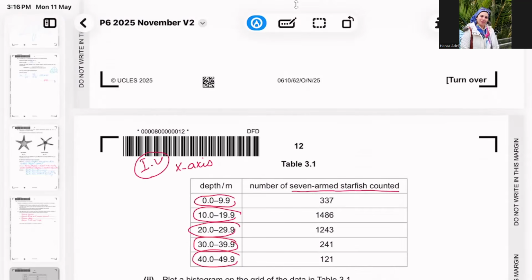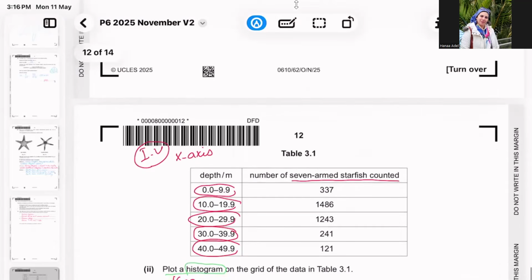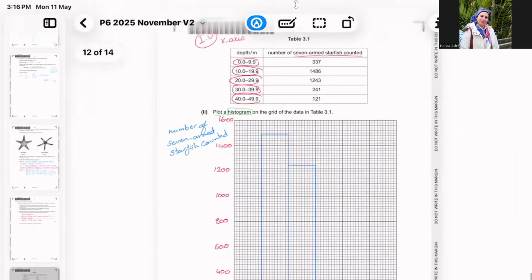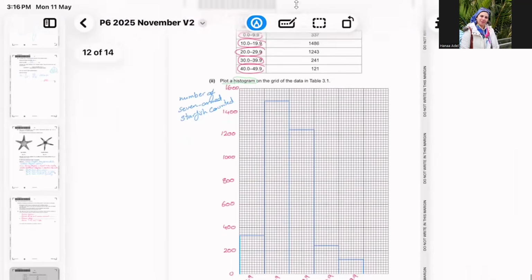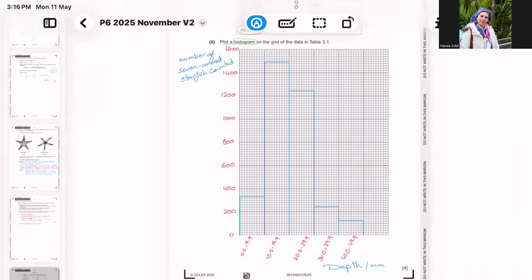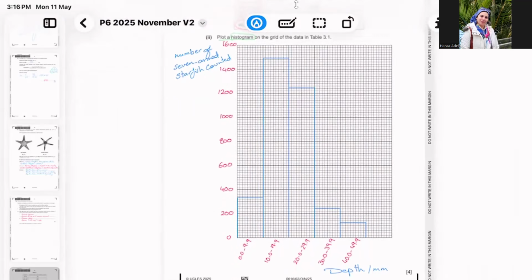So the question is, plot a histogram. The idea is exactly the same if they ask about a frequency diagram, on the grid with the data. So I draw it this way. Depth. We try to make it as large as possible. So we have the depth in meters and the number of 7-armed starfish counted.